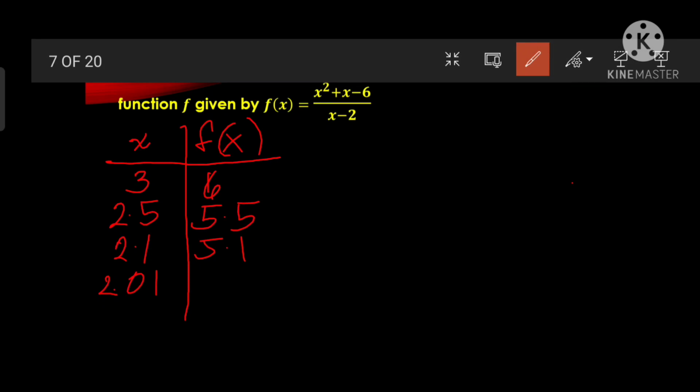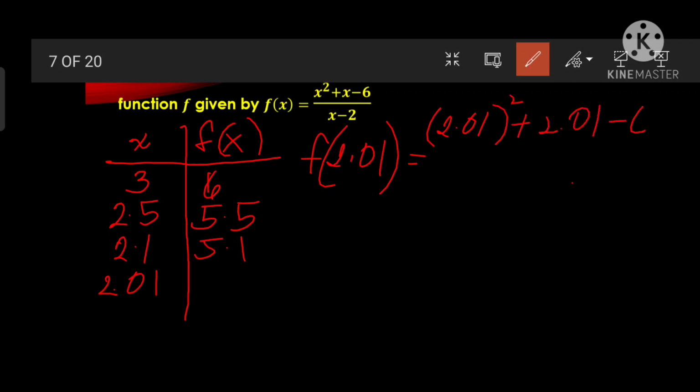We have f of 2.01 equals 2.01 squared plus 2.01 minus 6 all over 2.01 minus 2.